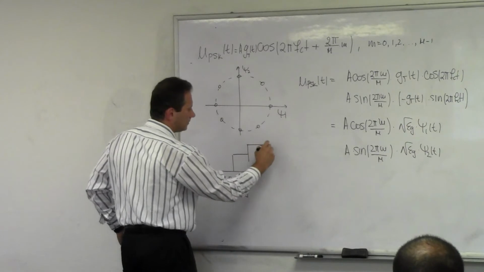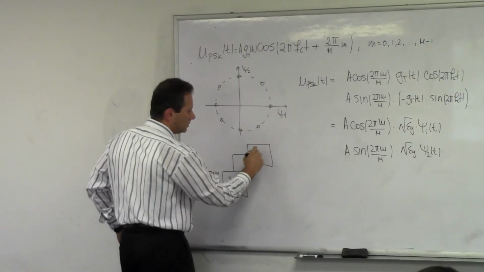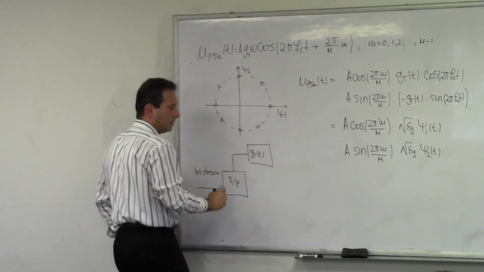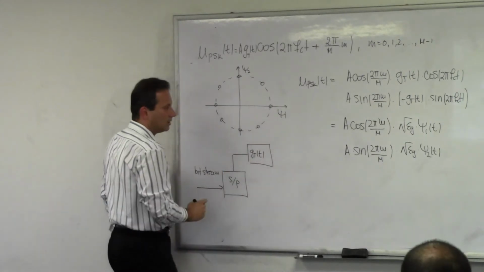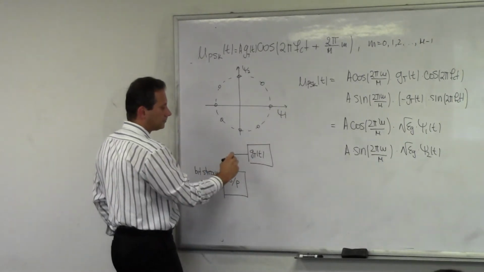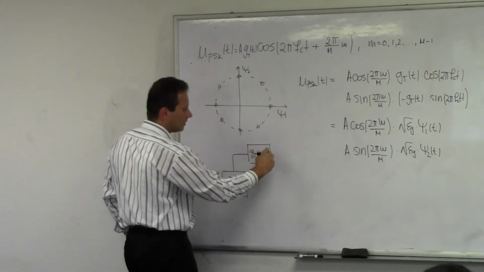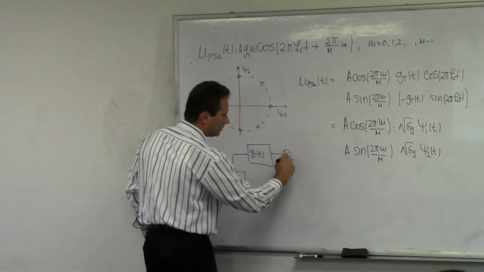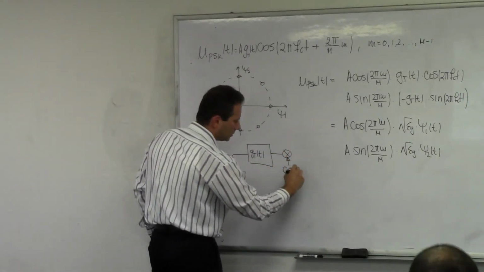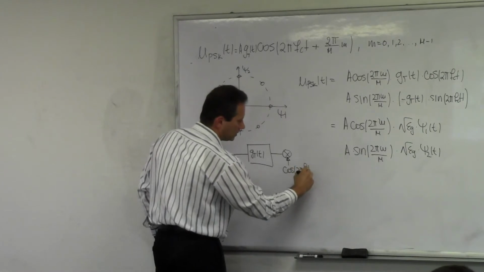So upstairs, I have my g_T of t that will transition from digital world to analog, and then here I would multiply by cosine 2 pi f_c t.